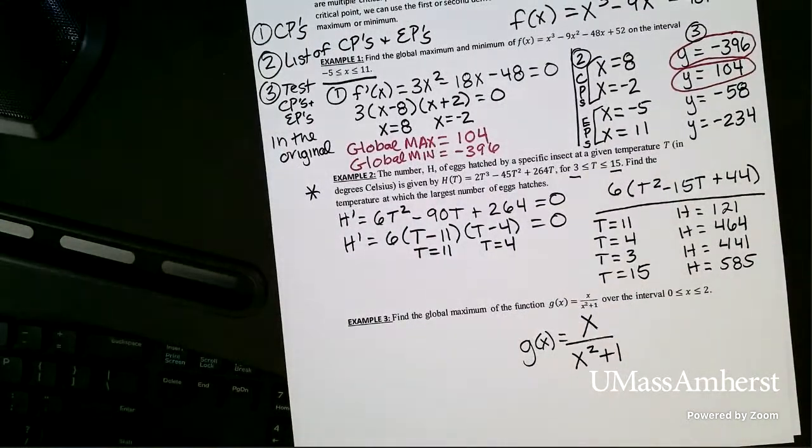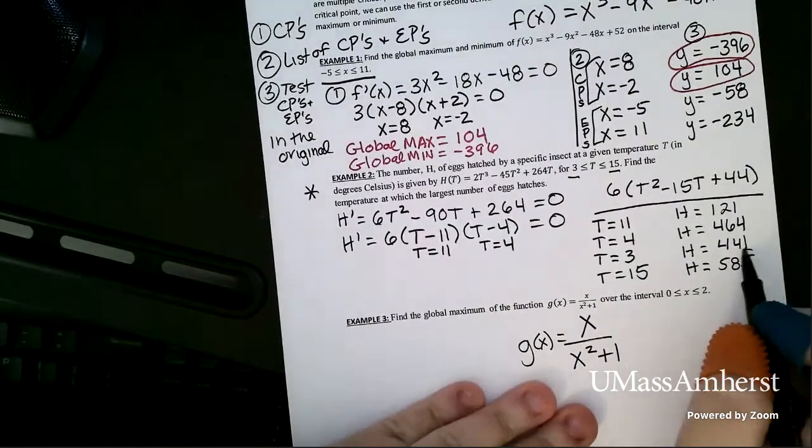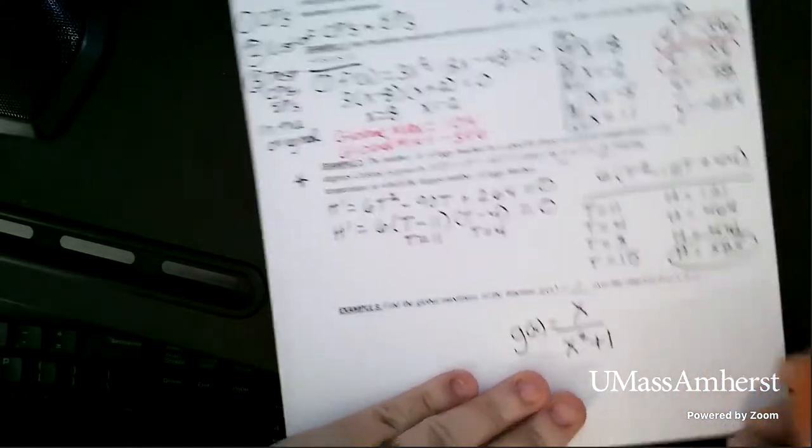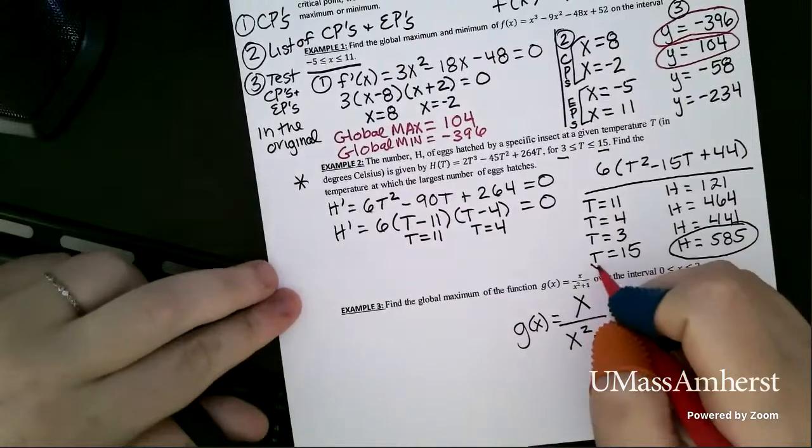Okay, once I have all these values, I want to remind myself what the question is, which is find the temperature at which the largest number of eggs hatches. So I look for the largest value. My global maximum is 585, but the question is, what is the temperature? It wants the related temperature.